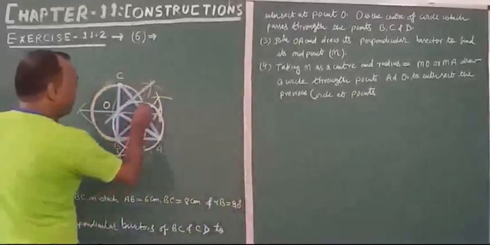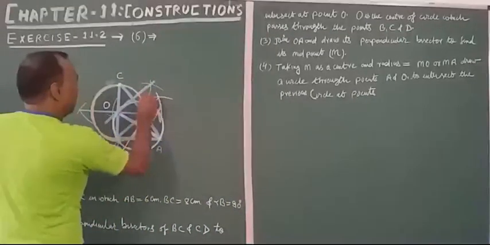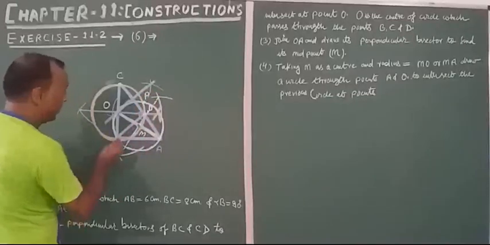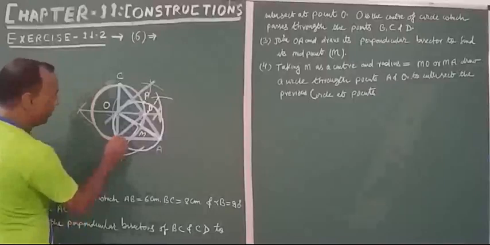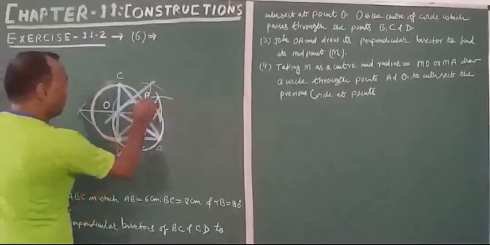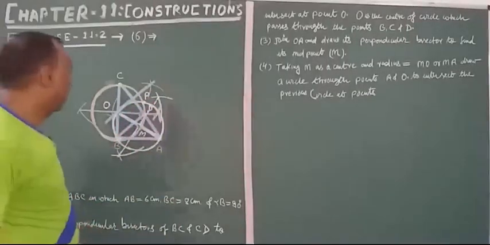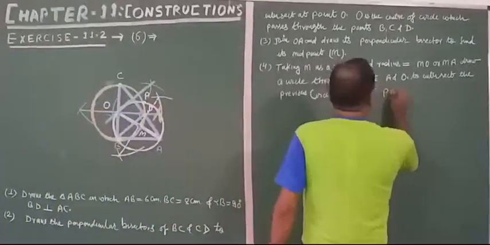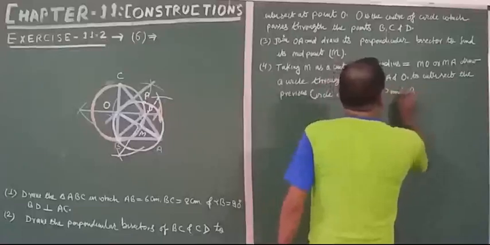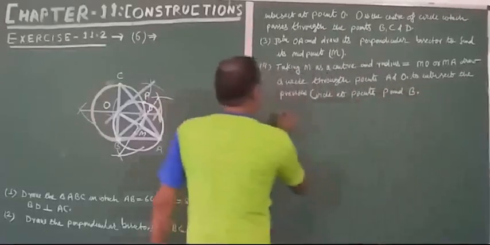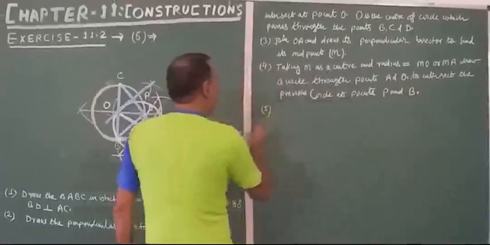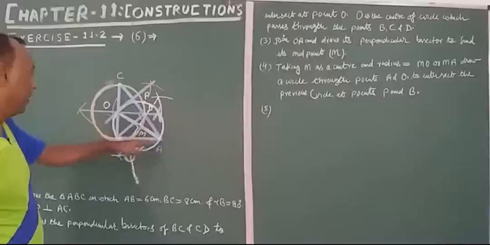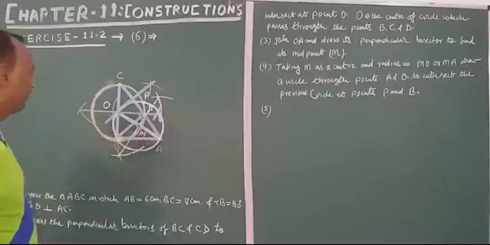You can just give the name P, and B is already here. At points P and B. Point B is already here.